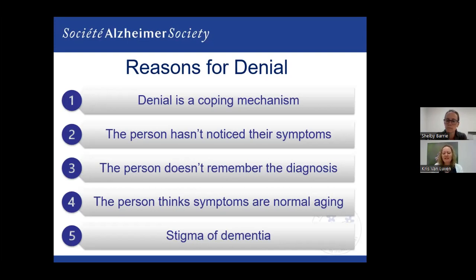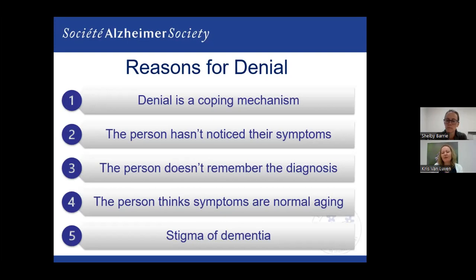Unfortunately, there's still a deep lack of understanding that exists when it comes to dementia. And there are many widely accepted myths about what it means to have dementia. And people living with dementia often experience discrimination simply on the basis of having that disease.